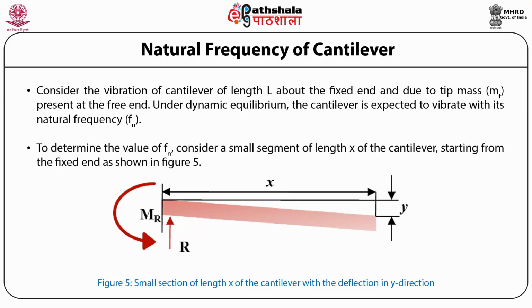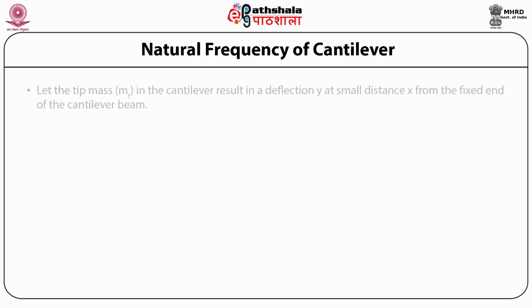To determine the value of the natural frequency, consider a small segment of length x of the cantilever, starting from the fixed end, which is shown in this figure. Let the tip mass mt in the cantilever result in deflection y at a small distance x from the fixed end of the cantilever beam.